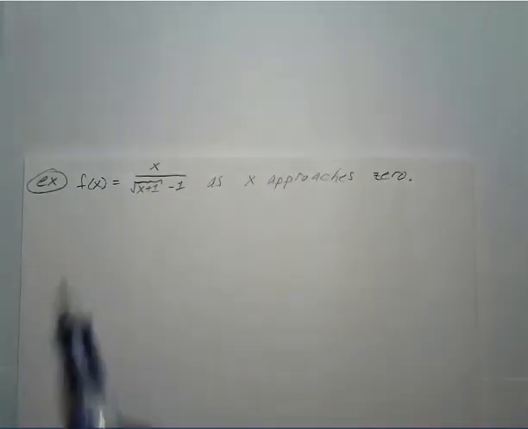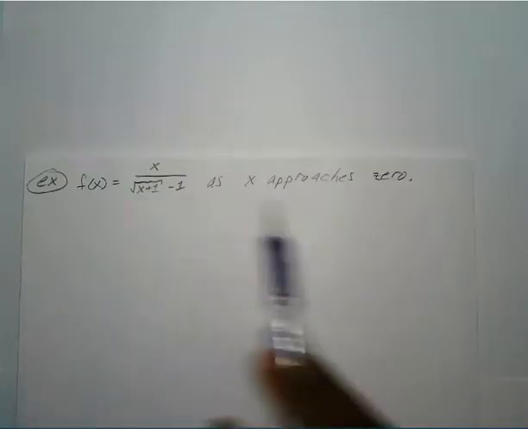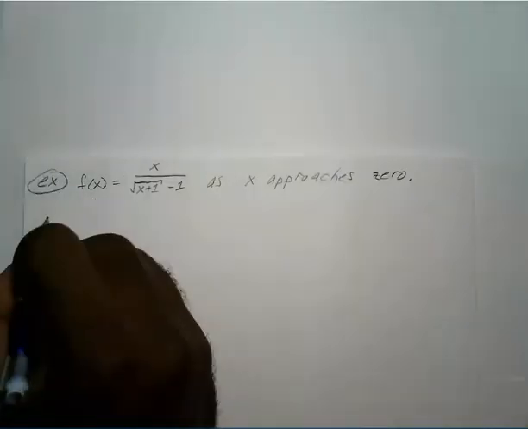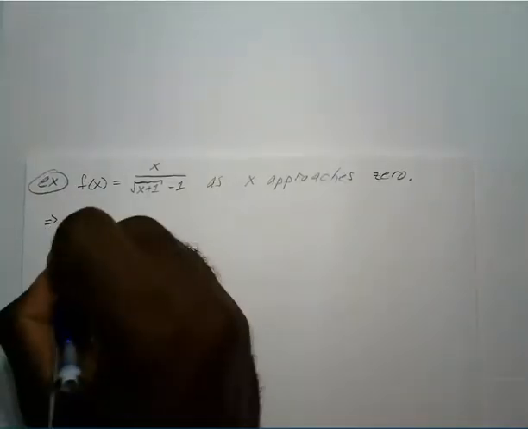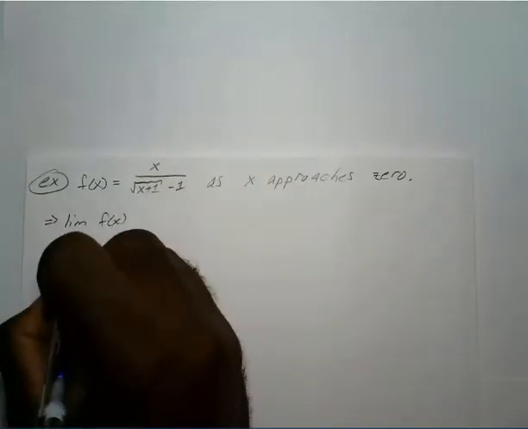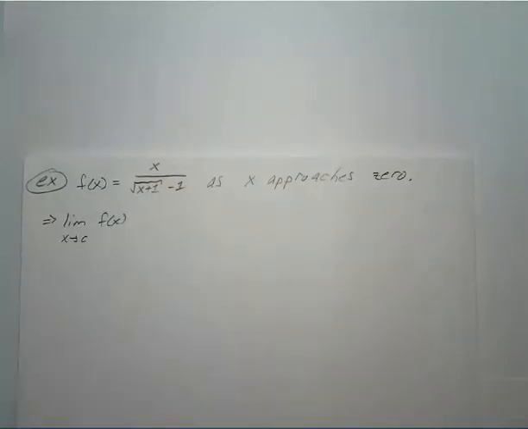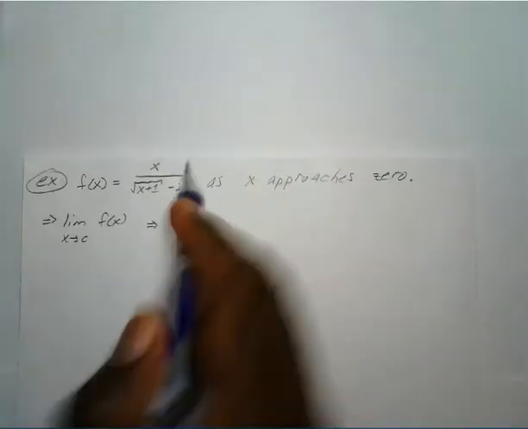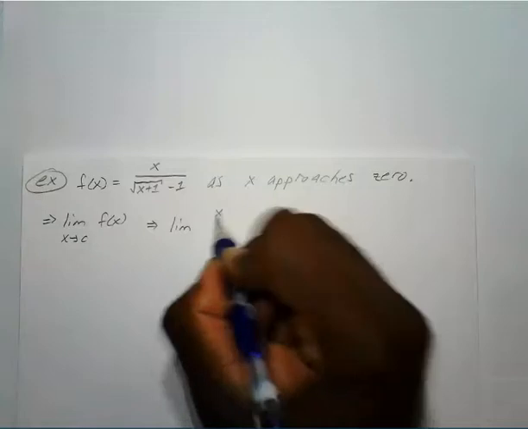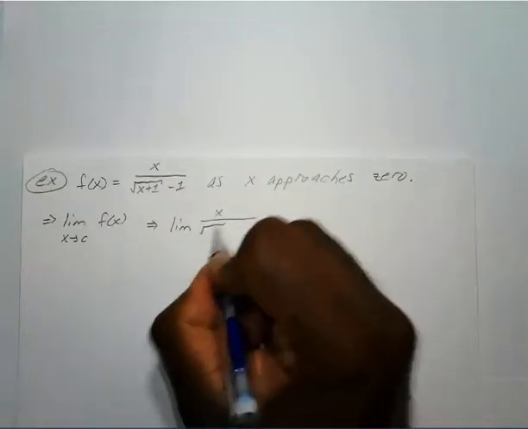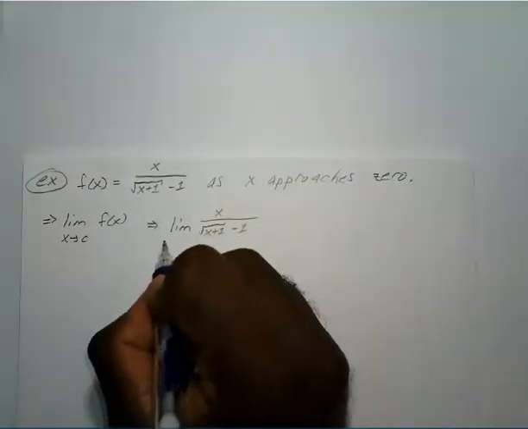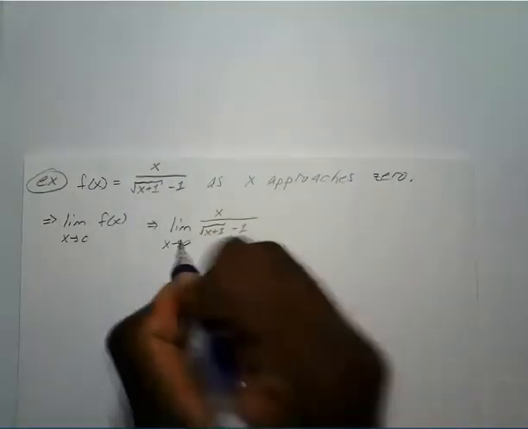Okay, now the thing is, you might get a problem that words it out just like this. All this means is that the limit of f of x as x approaches c, you would just write it, or you might even see it as just the limit of x over square root of x plus 1 minus 1 as x approaches 0.